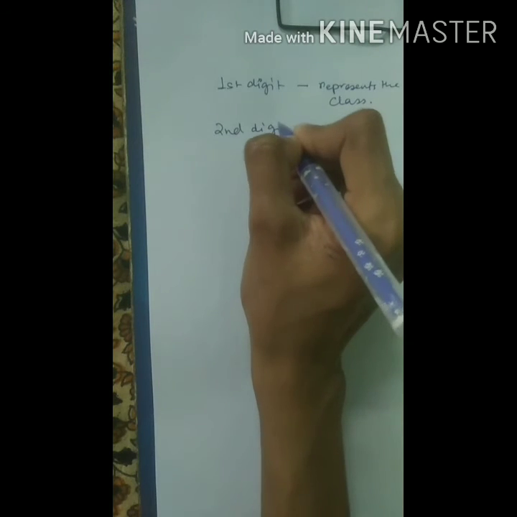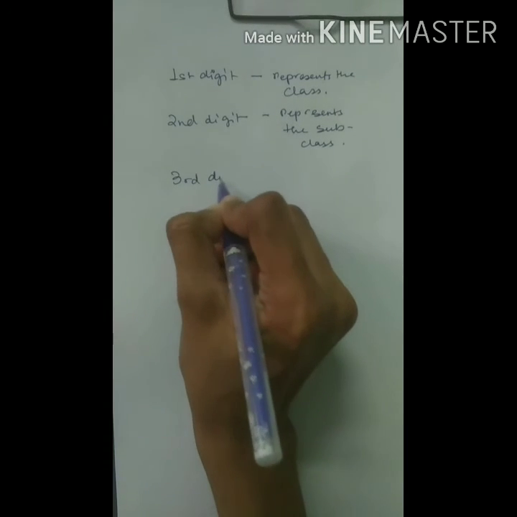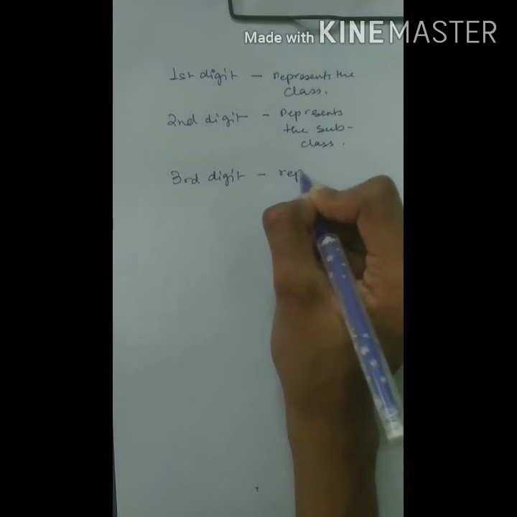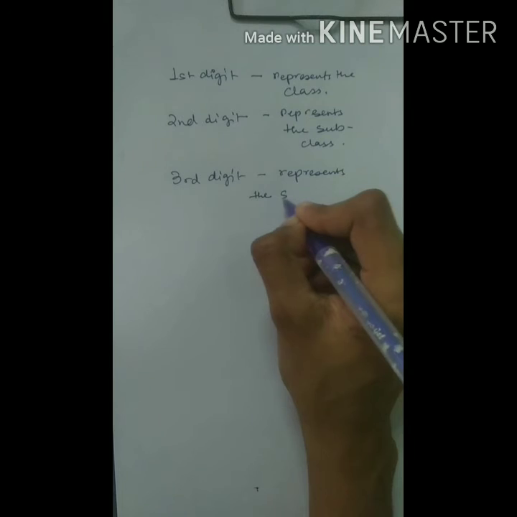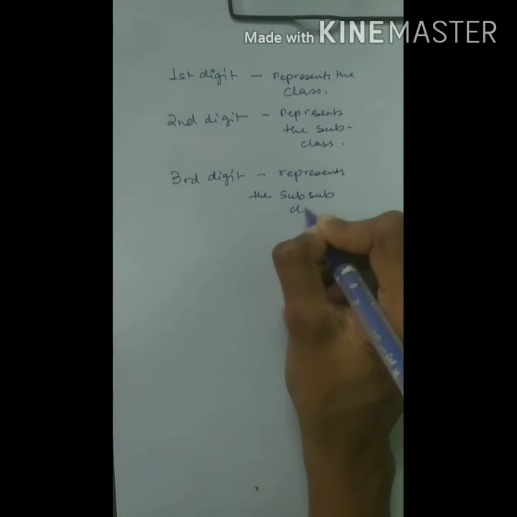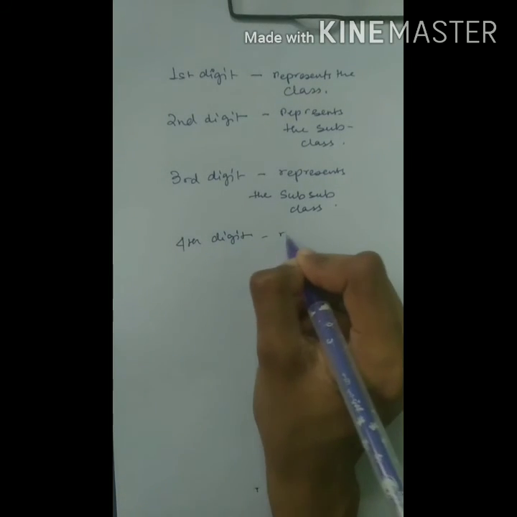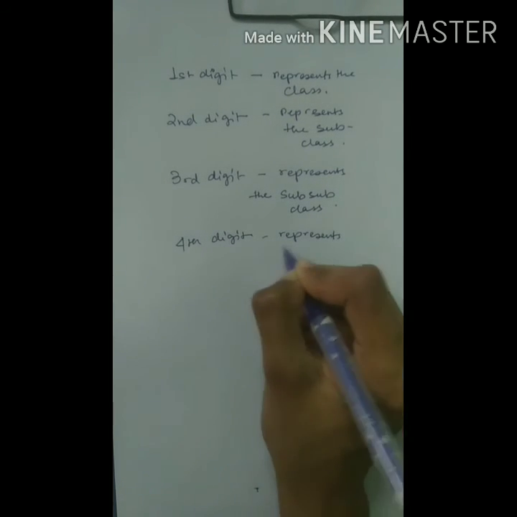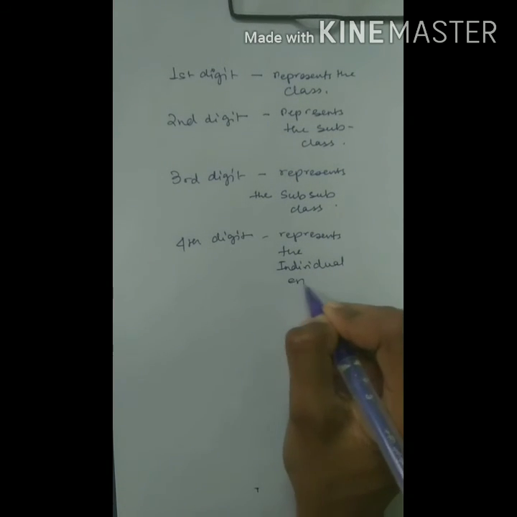Second digit represents the subclass. The third digit represents the sub-subclass, and the fourth digit represents the individual enzyme.